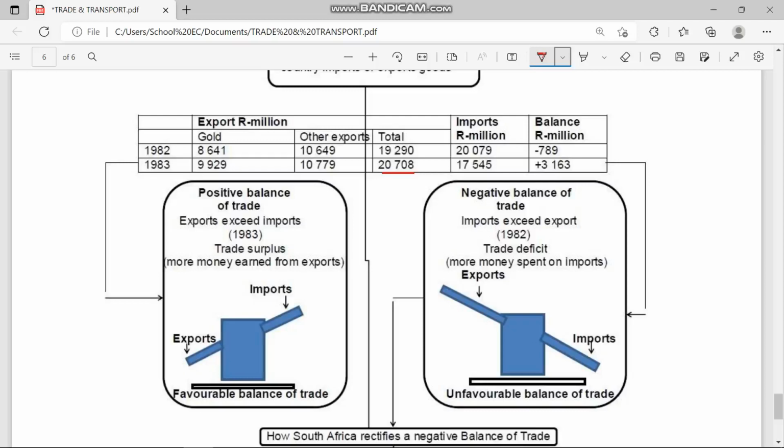Okay, the imported goods have a value of 17,545,000. I don't even know if I'm calling these rands by the correct name, because it says million here, as you can see, rands in million.